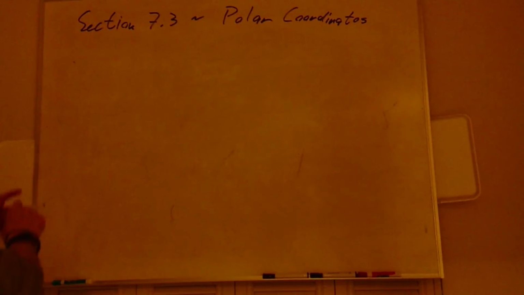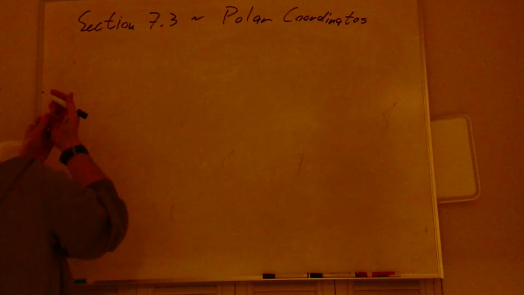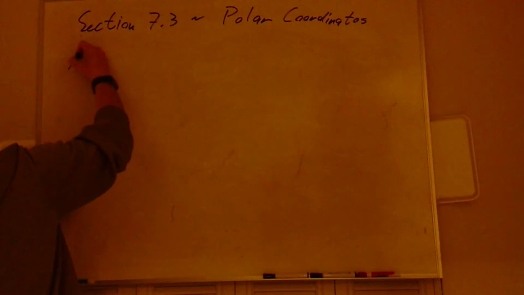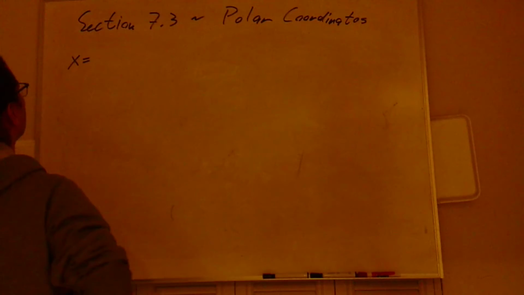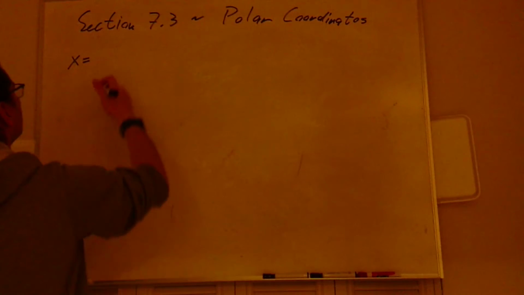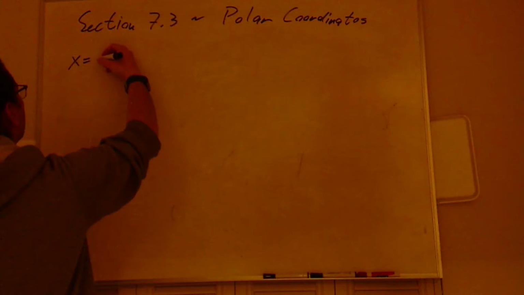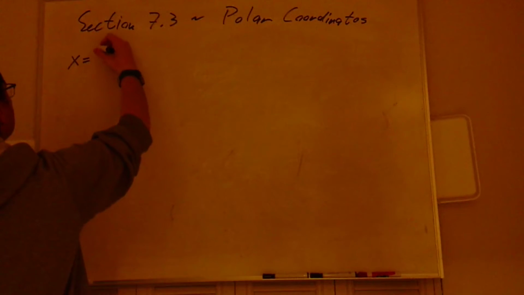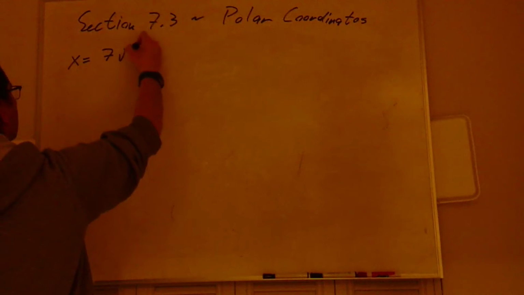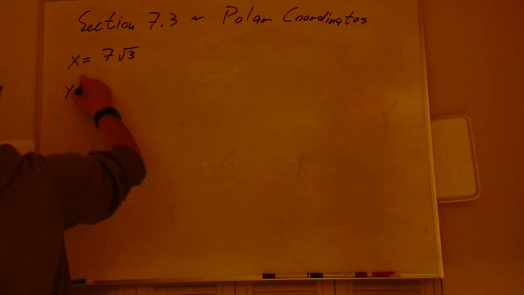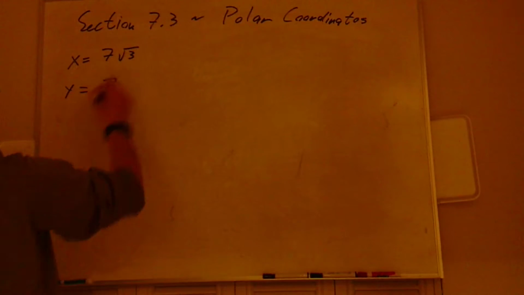Okay. Let's look at what happens if I want x to equal, let's say I want x to equal 7 square roots of 3 and y to just equal 7.